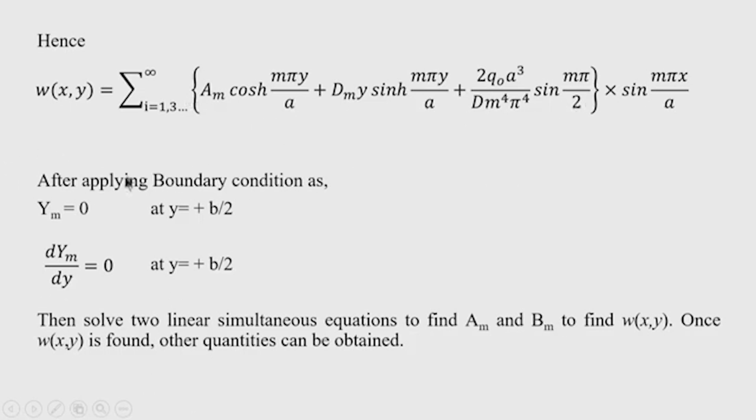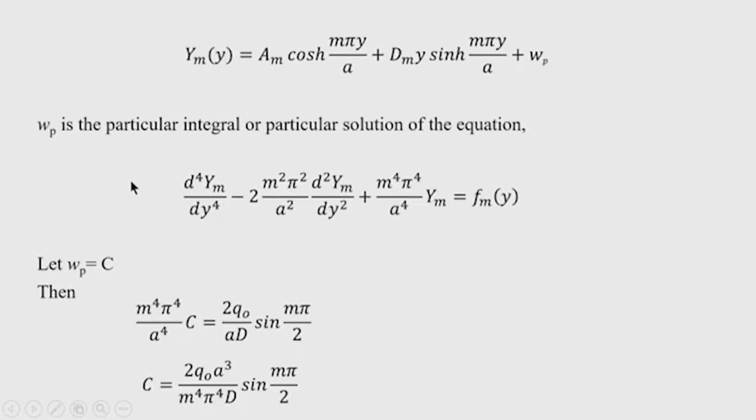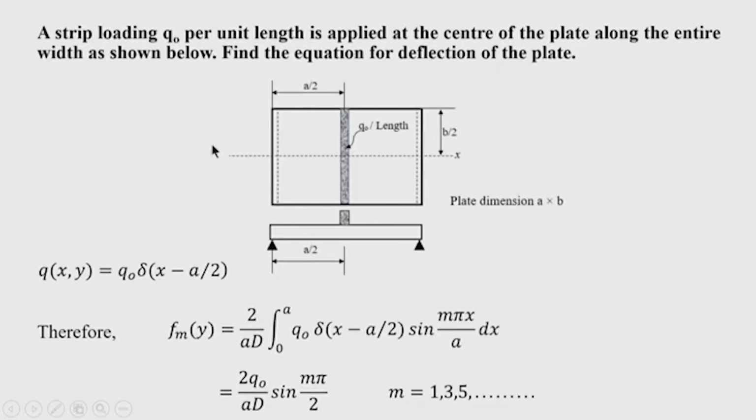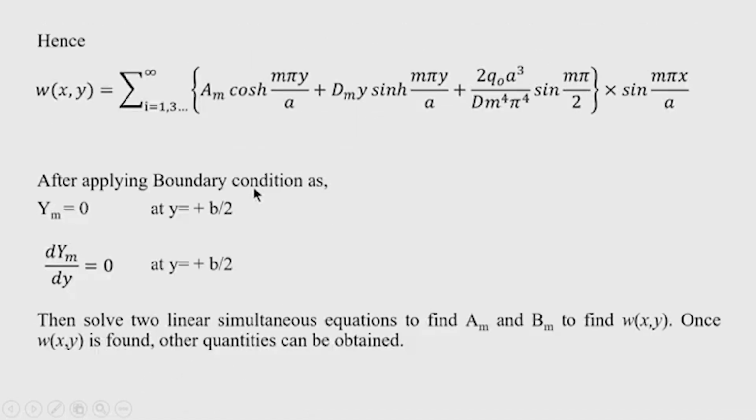And applying boundary conditions, suppose I have taken here the fixed end. Two ends are fixed. If I take the two ends as fixed, then I apply the boundary conditions of the fixed end: y m equal to 0 and d y m by d y equal to 0 at y equal to plus b by 2 or minus b by 2.